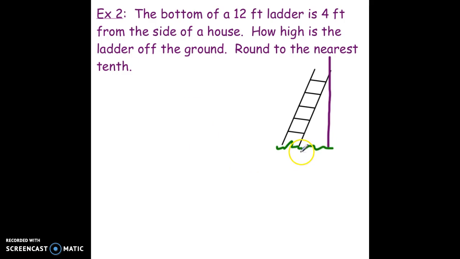I know that the distance from the base of the ladder to the side of the house, that's 4 feet. And I know that the length of the ladder is 12 feet.